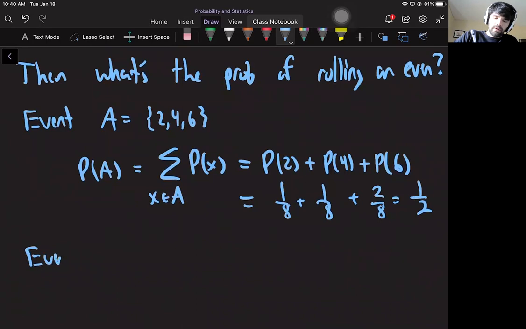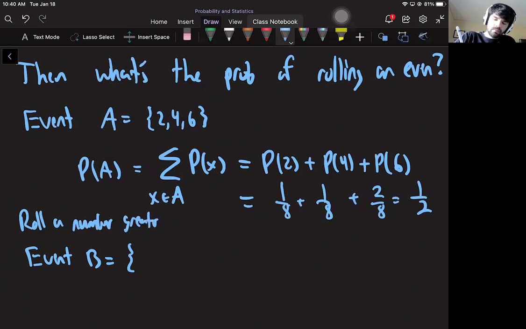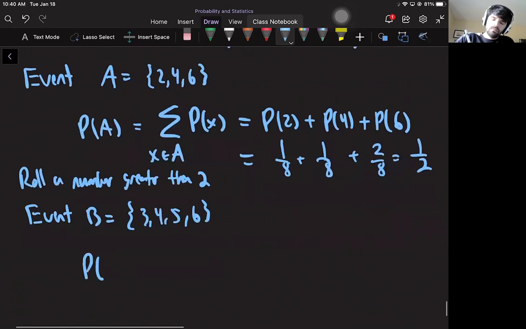And then if we have event B is something else, like roll a number greater than 2, then the probability of this event is going to be the probability of rolling greater than 2. So you start at 3, 4, 5, or 6 being rolled. And again, same formula.